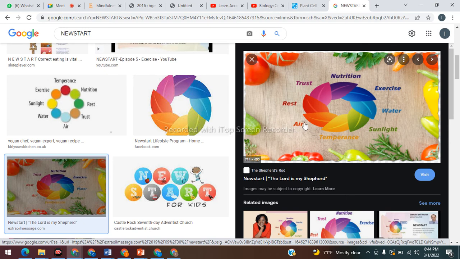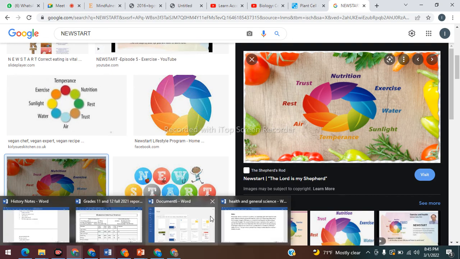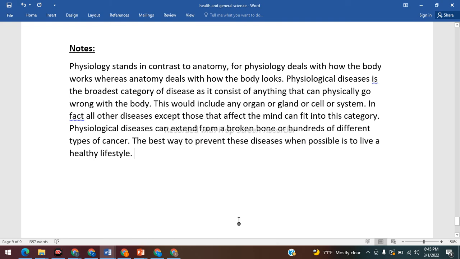Breathe in fresh air, like at the beach in the early mornings. And then rest, getting the hours of rest that are required. And then finally, trust in God. So those are the 8 principles for optimum health, and they are what's going to help us prevent disease. So the best way to prevent diseases when possible is to live a healthy lifestyle.